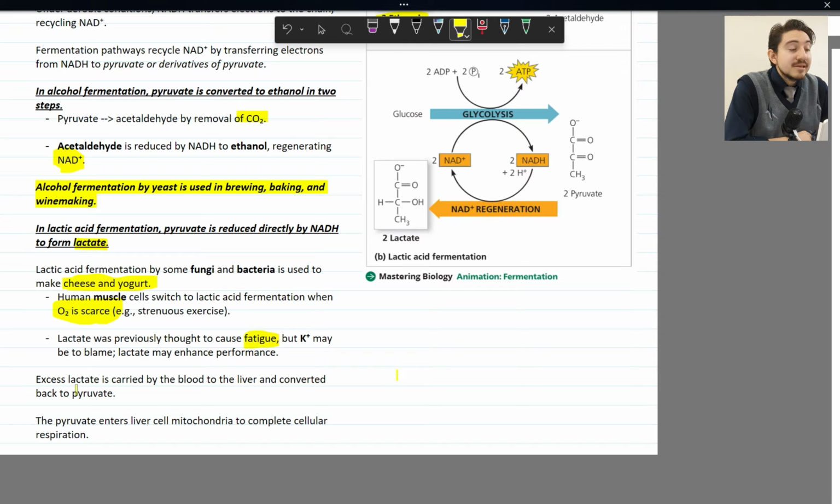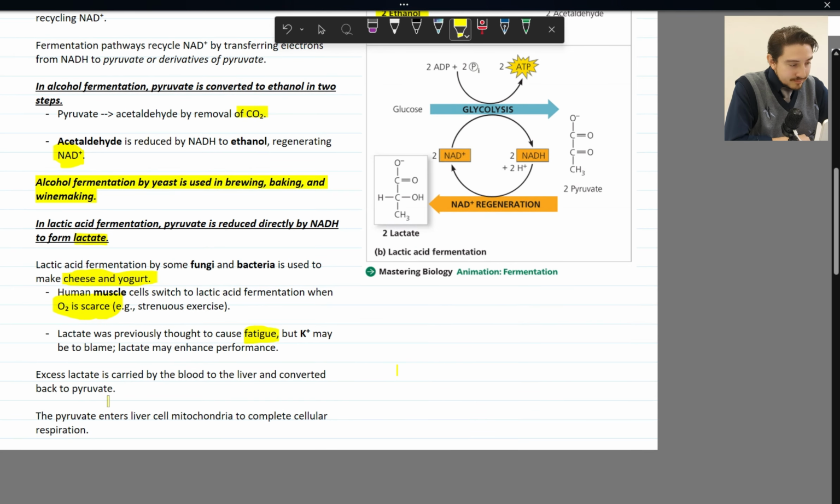Excess lactate, when you're producing it, can be carried in the blood and processed in the liver to be converted back into pyruvate. So you can even cycle this back to pyruvate, which can then be processed in the mitochondria, and then you can just do normal cellular respiration.